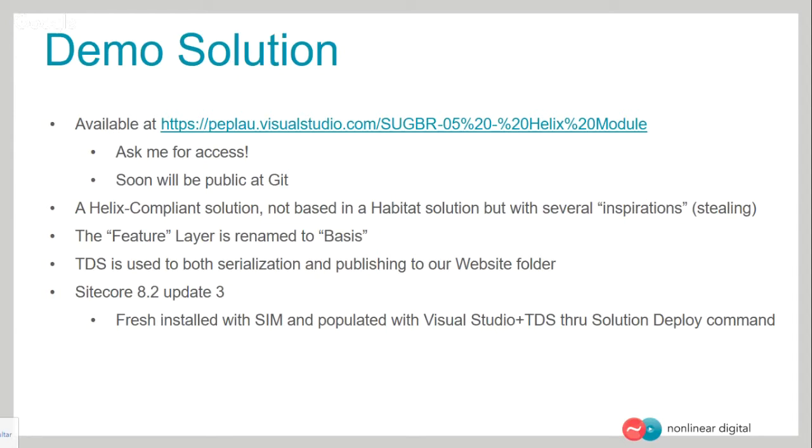I made that choice because I wanted to have the layers alphabetically organized. It's just a personal choice. You don't have to follow that. Differently than the standard Habitat solution, this solution doesn't use Unicorn, but TDS. So we are using TDS both to do the serialization and the publication of everything to the final website folder.